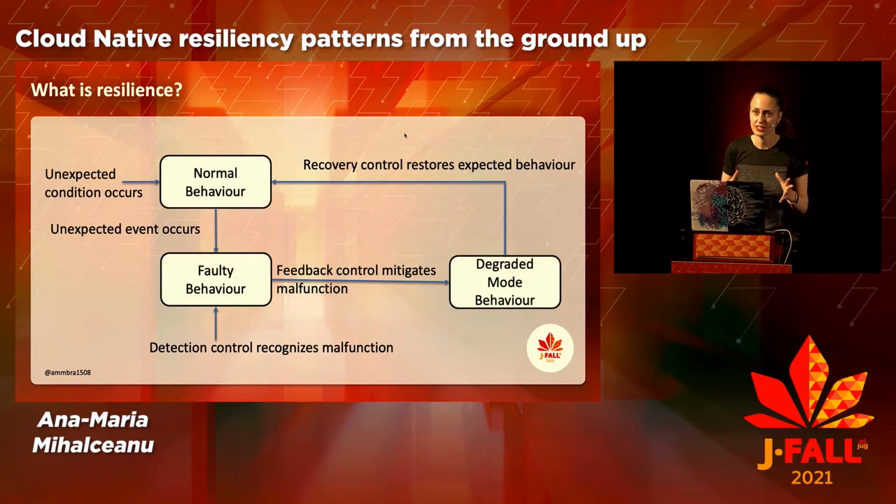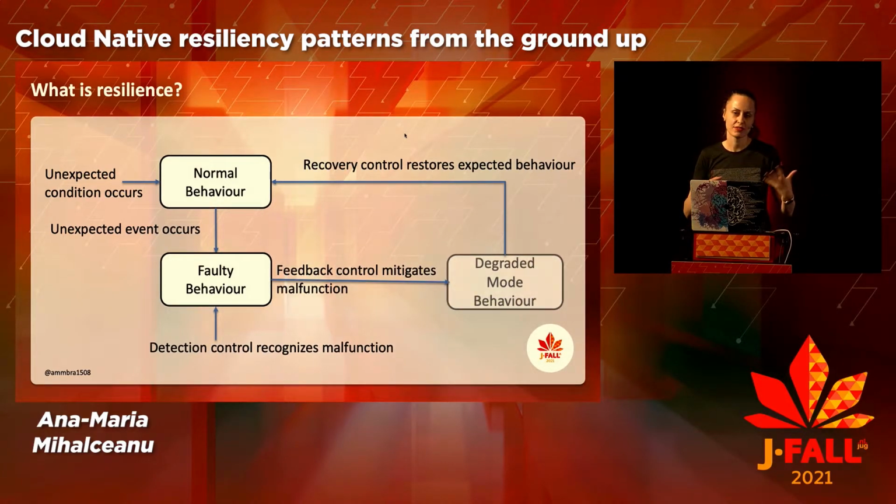Now, that faulty behavior state can be detected thanks to a detection control mechanism that probably you code that recognizes that malfunction. Based on that recognition of the malfunction, you can have feedback. So you can have a feedback control mechanism to mitigate that malfunction. And yes, you get into the degraded mode behavior of your system.